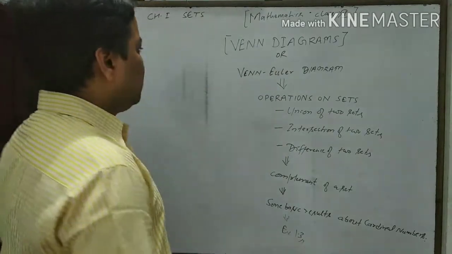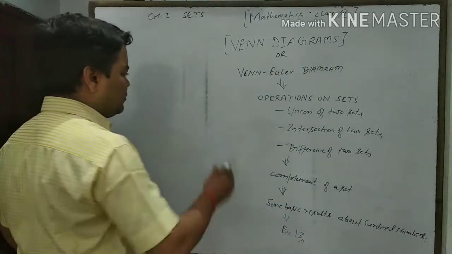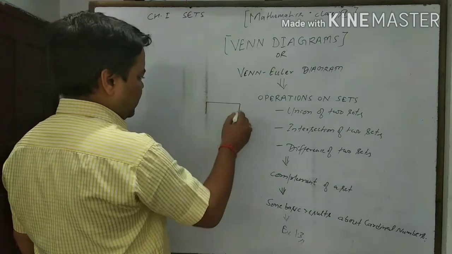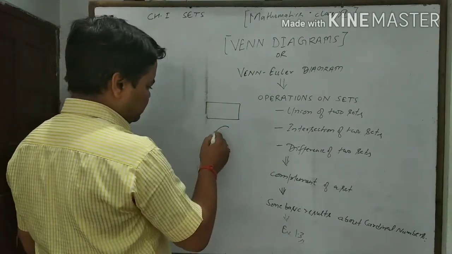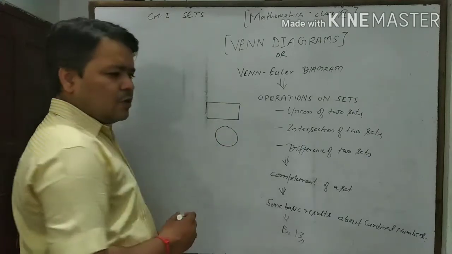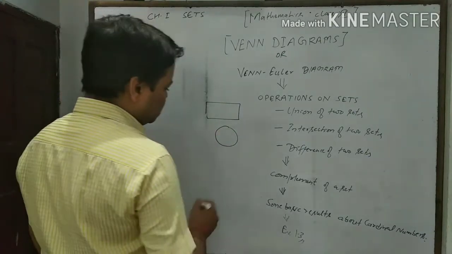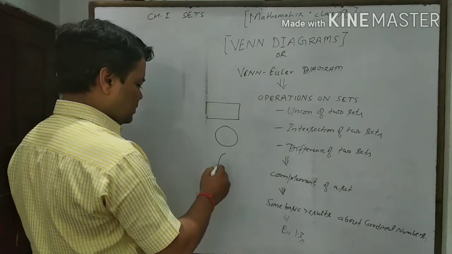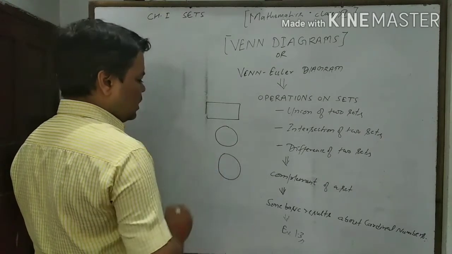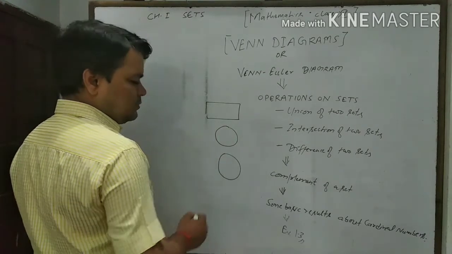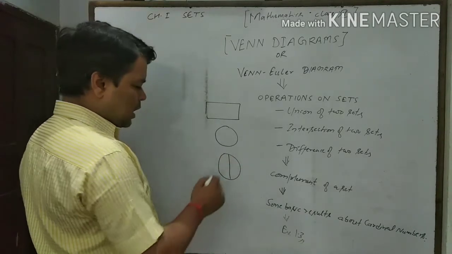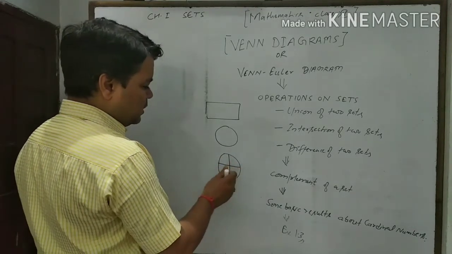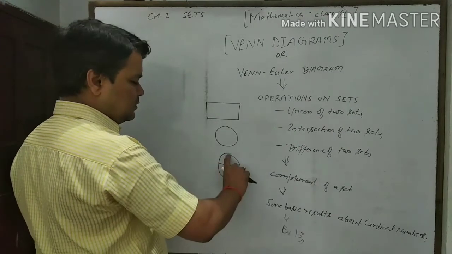Here we are familiar with the rectangle. We are also familiar with the circle, and we are also familiar with the oval form of the circle, or we can say ellipse, in which this distance will be more, and here this distance is smaller than this distance.